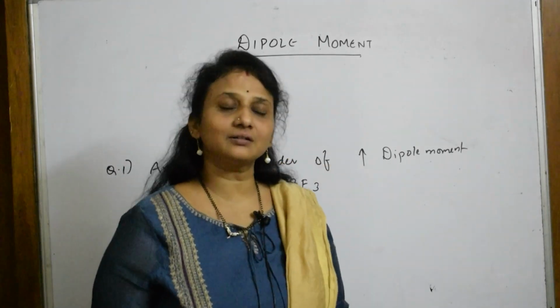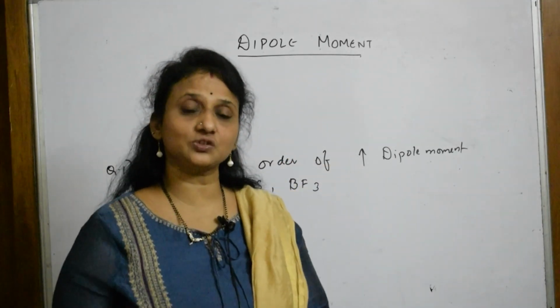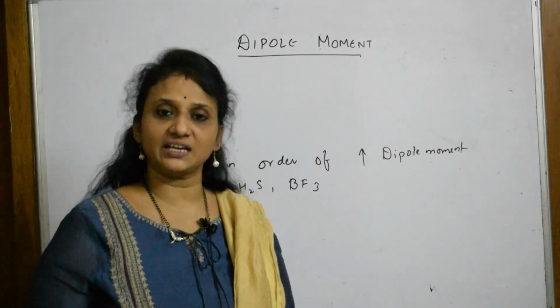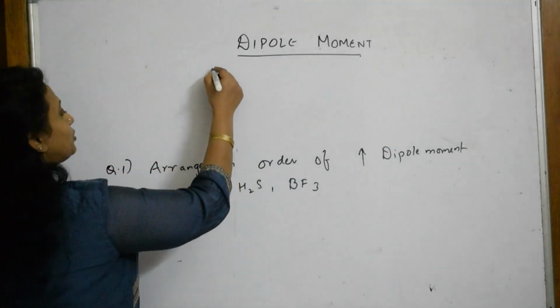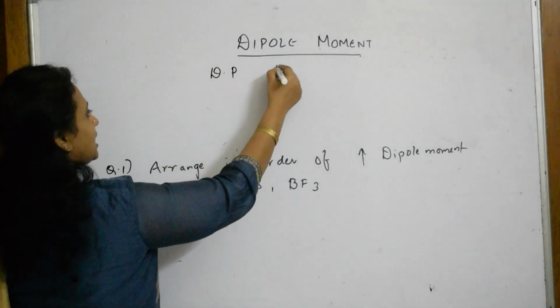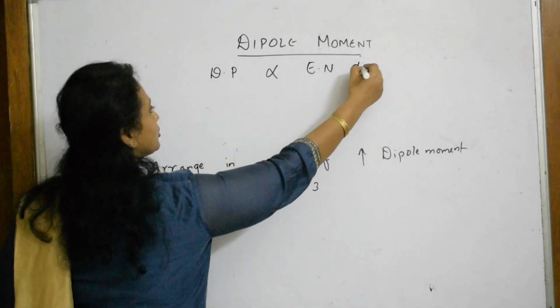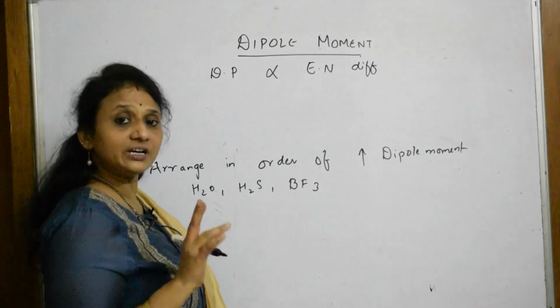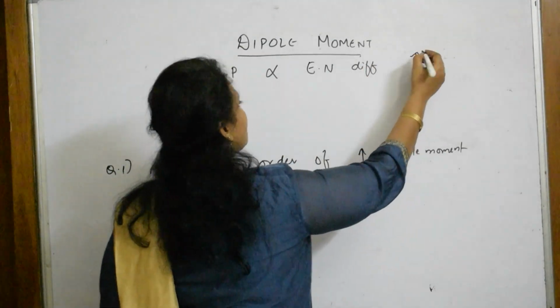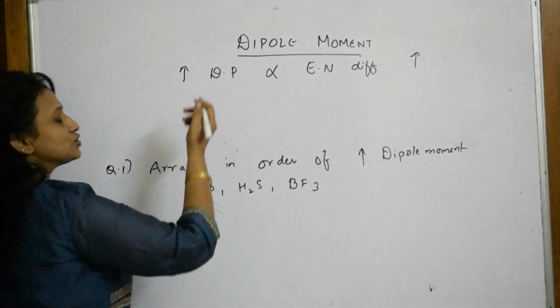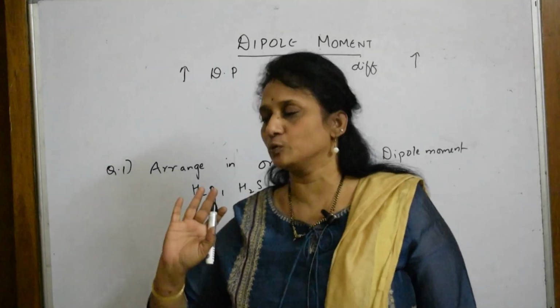Right, now here we will see what techniques or tricks I have to remember during the exam. Basically, remember, dipole moment is directly proportional to the electronegativity difference. If the electronegativity difference is more, automatically dipole moment will also be more in that particular molecule. Done.